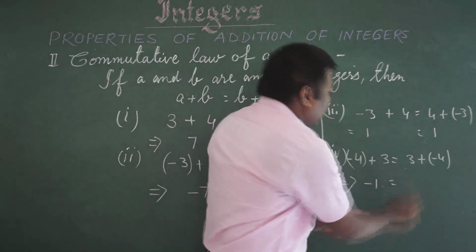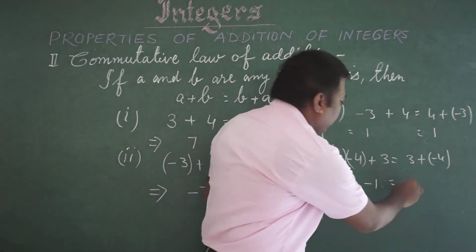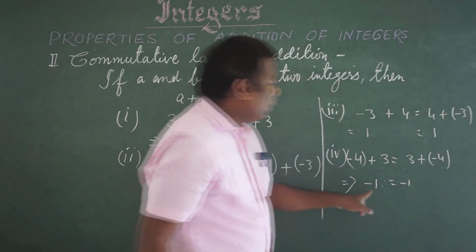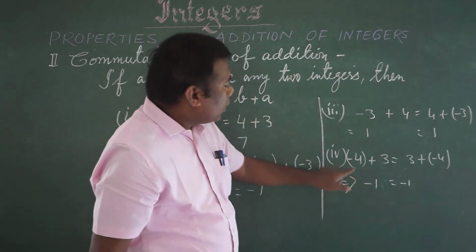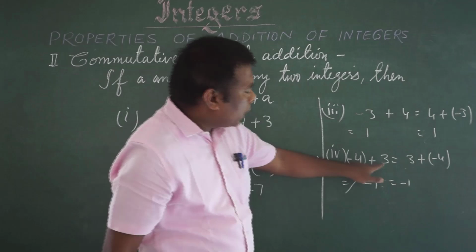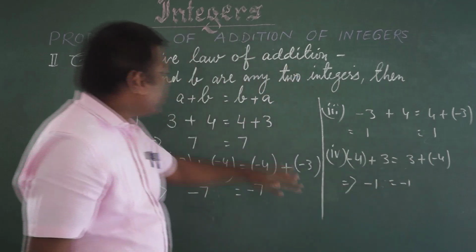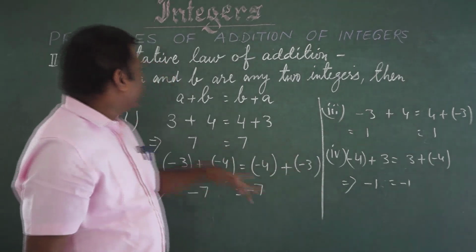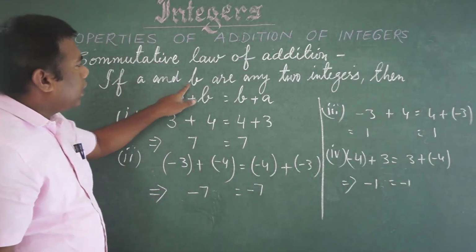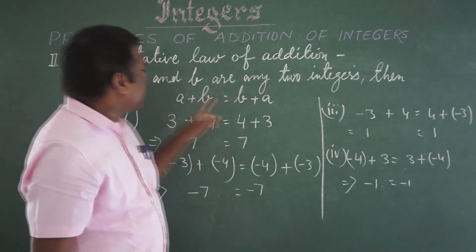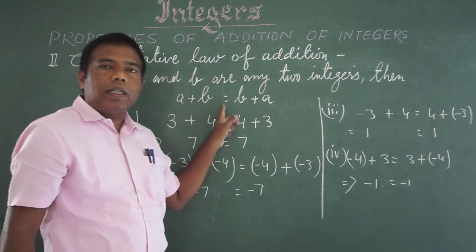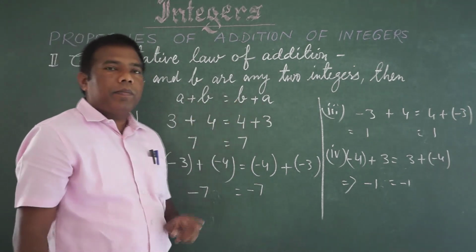Minus 1. So minus 4 plus 3 and 3 plus minus 4 are equal. All four examples show that if a and b are any two integers, then a plus b can be written as b plus a.